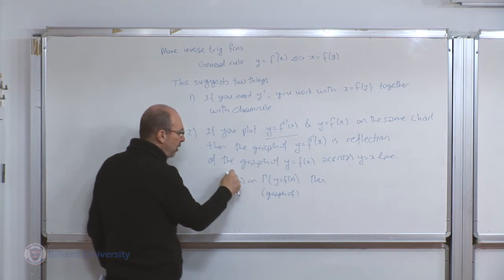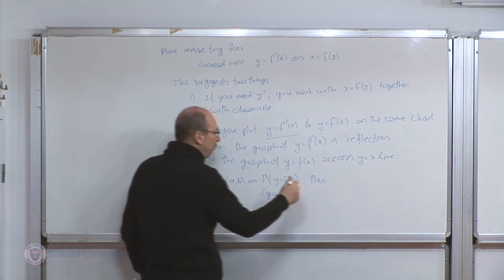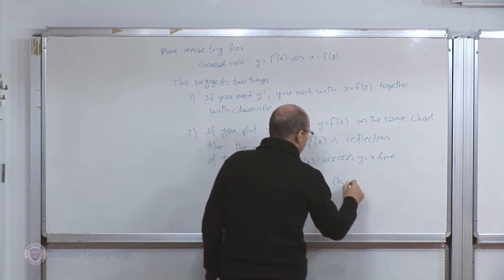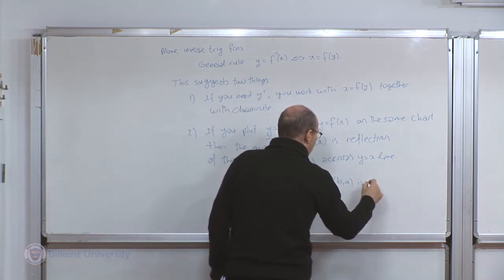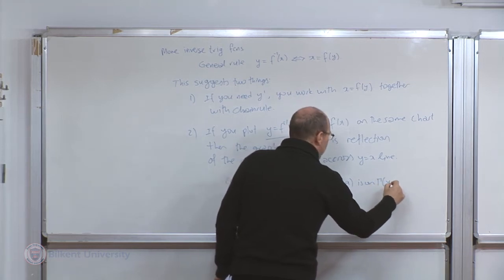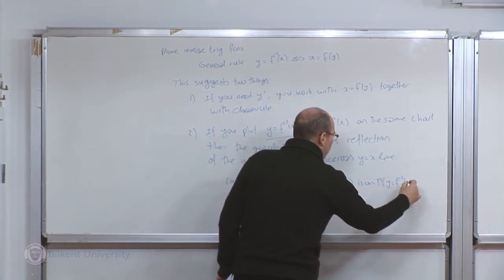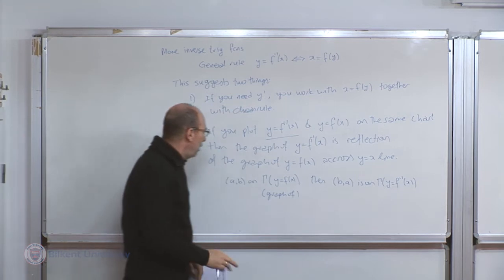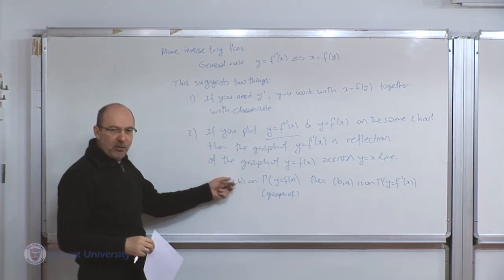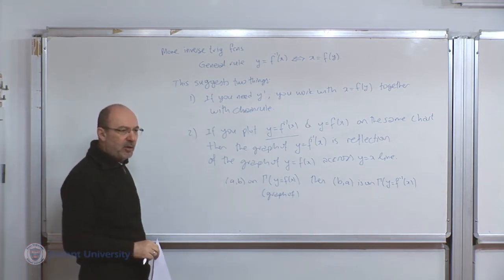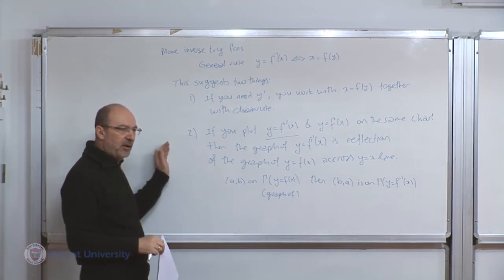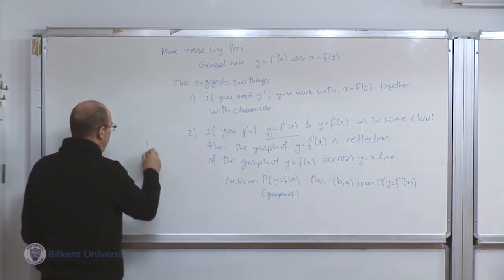So f inverse will take this number and give you this number. So this is the domain of f inverse. So B, A is on the graph of y equals f inverse of x. Okay, so you just shift the places of these things. Shifting the places of these things means that you are reflecting everything across the line.